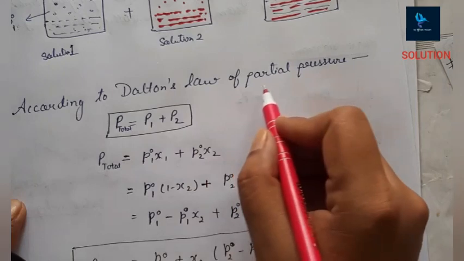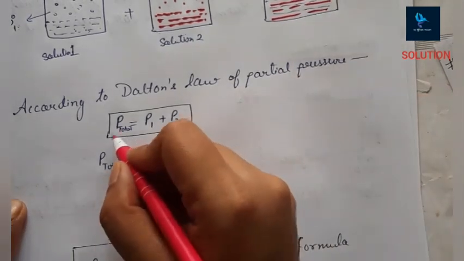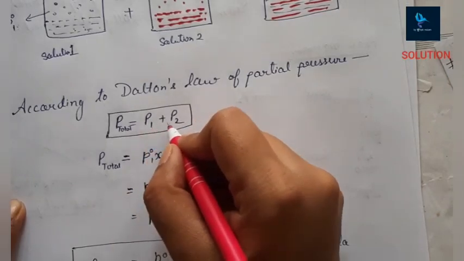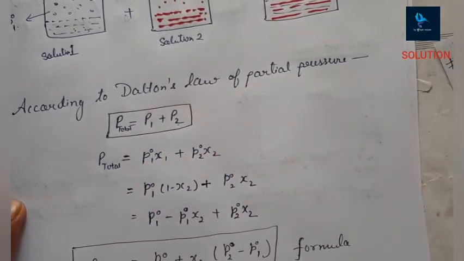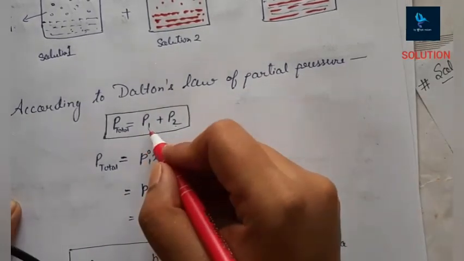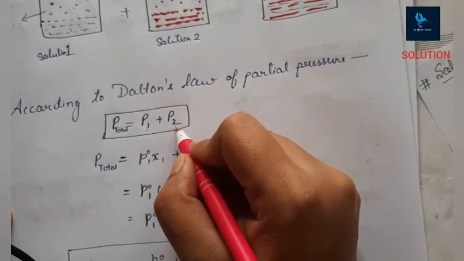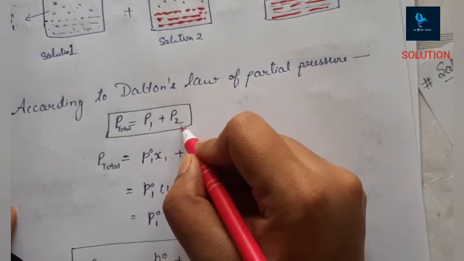According to Dalton's law of partial pressures, you know that P total equals P1 plus P2. P1 is the partial pressure of the first component and P2 is the partial pressure of the second component.